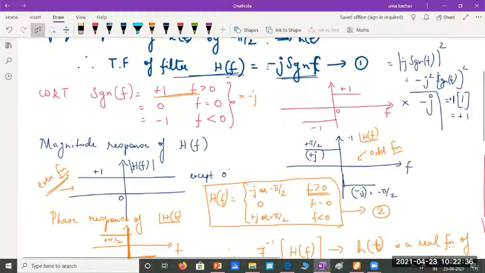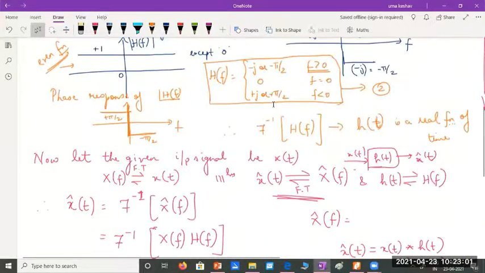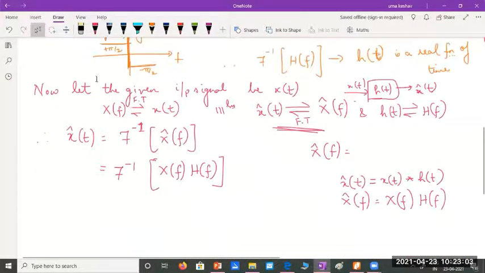Minus j signum of f. Yes or no? We said if the filter should provide minus 90-degree phase lag for all the frequencies in the input, then the transfer function of such a filter is defined as minus j signum of f. And we wrote that equation and we proved it. So replace H of f with minus j signum of f.